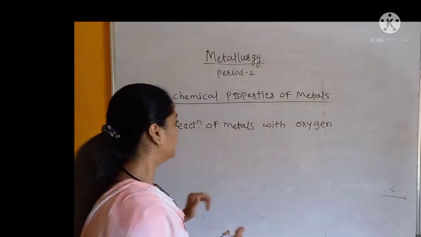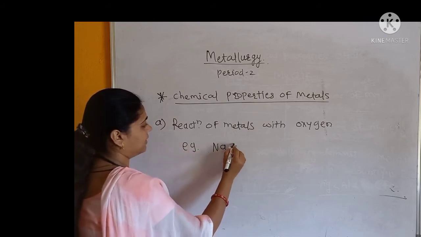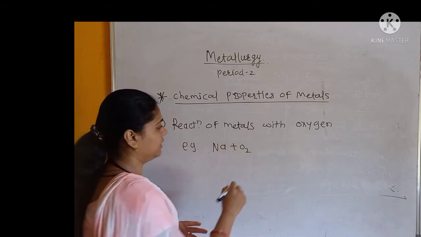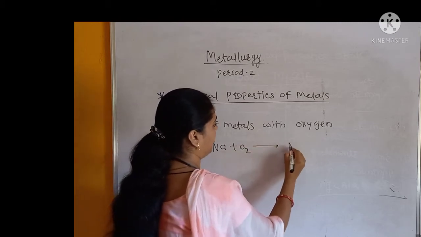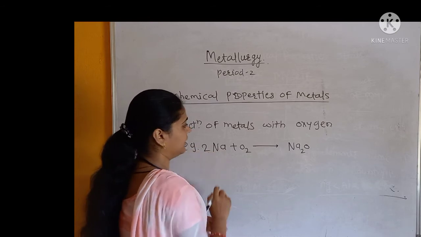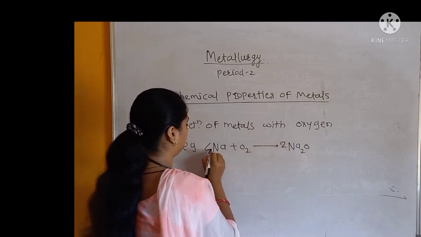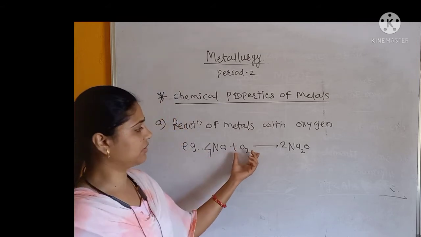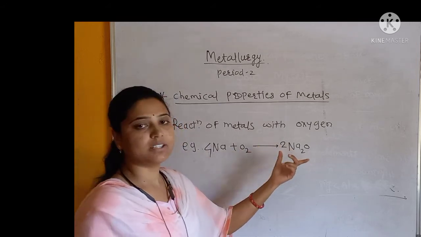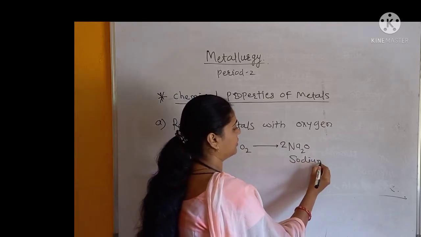Let us take one example: sodium. Sodium reacts with oxygen, forming sodium oxide. Here we write 4 sodium reacts with oxygen, forming sodium oxide.